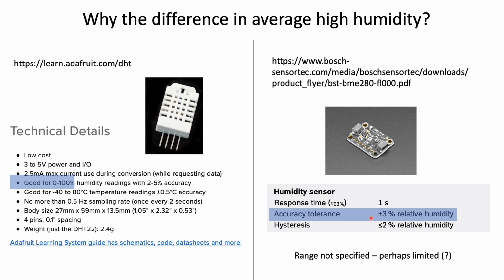So maybe the range for the high end of humidity on the BME280 is just different. Maybe it just can't read close to 100%. I can't tell from the spec sheet, so I'm just speculating here, trying to understand why I might have gotten a different high humidity reading off the BME280.